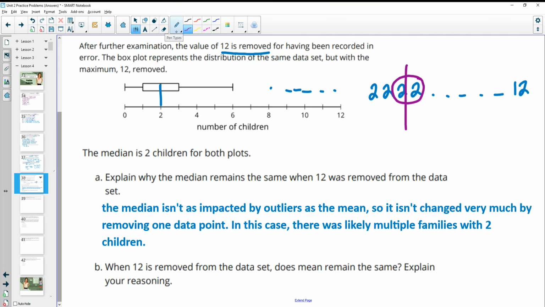Now, when you remove the 12, our middle just moves down to this value. So the median wasn't impacted when it just moves down 1 number if there were multiple there.